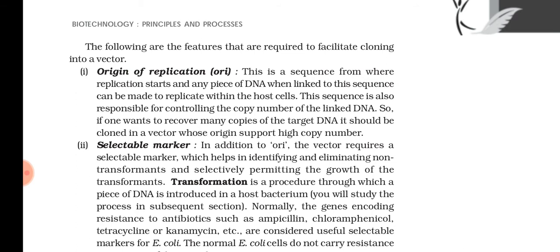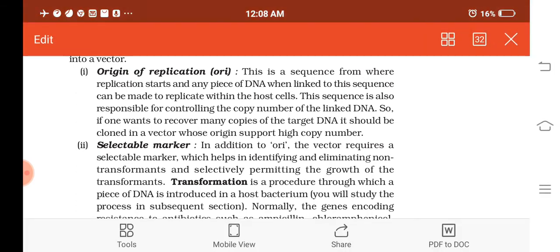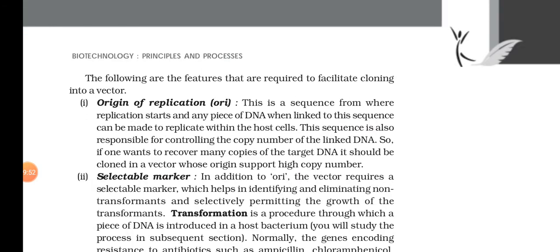Another thing is that it is responsible for controlling the copy number of linked DNA. So if a number of copies are needed, then we should link that particular gene into a vector whose origin of replication supports a large number of linked DNA. So a vector should have an origin of replication.